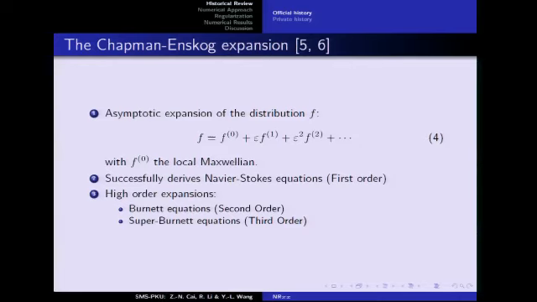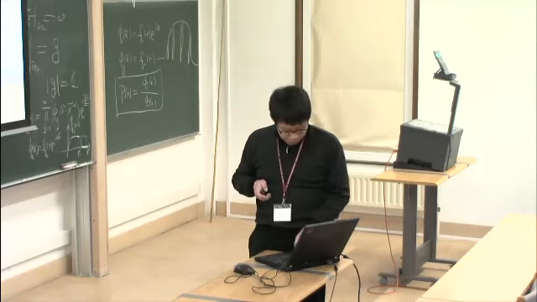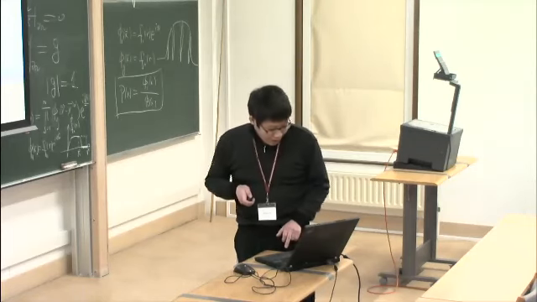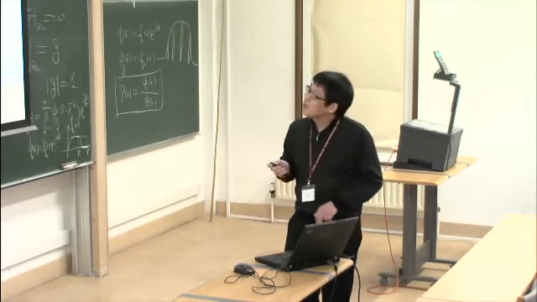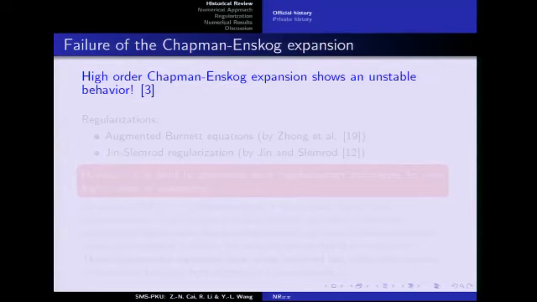This is another way to relate the Boltzmann equation and the macroscopic fluid equations. But actually, this Chapman-Enskog expansion is criticized because the high-order expansions are unstable.